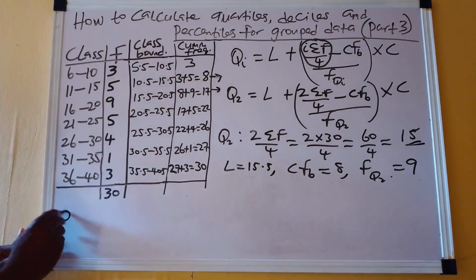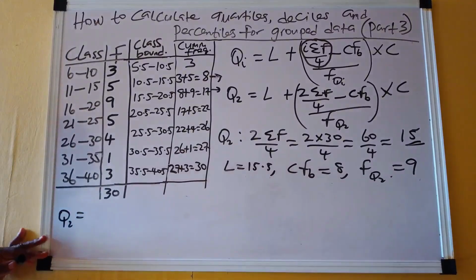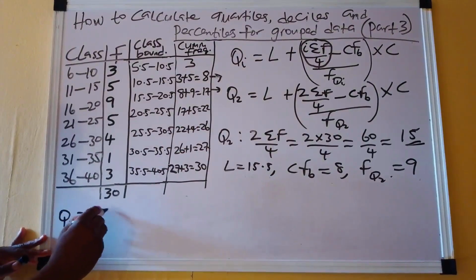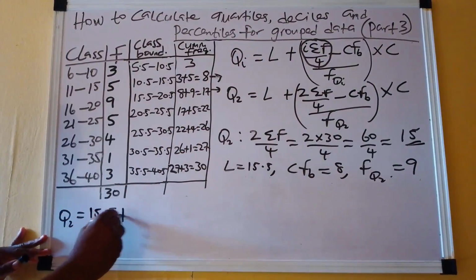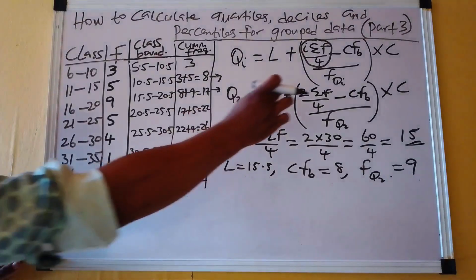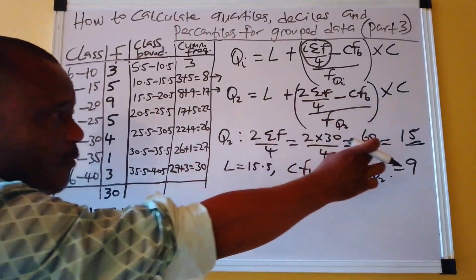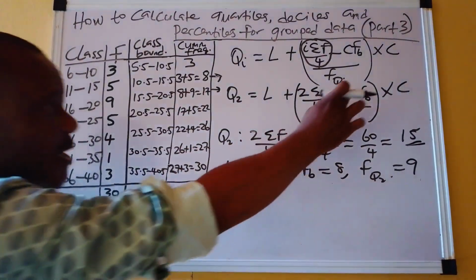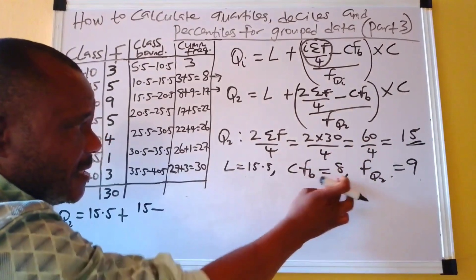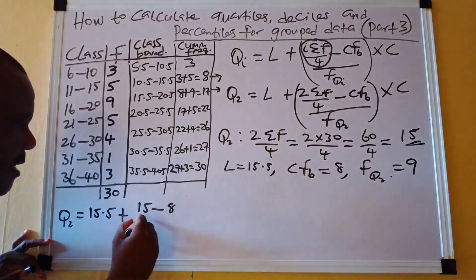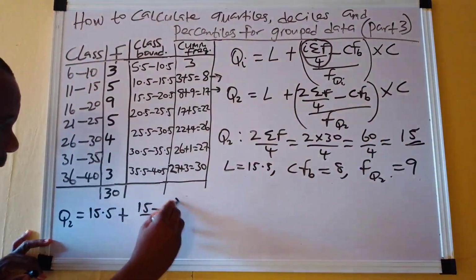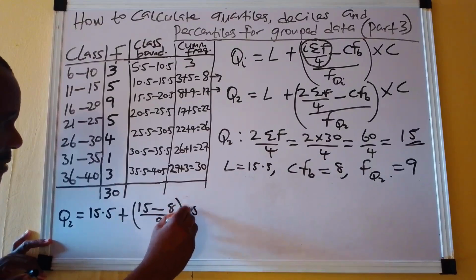From here, our Q2 will now be equal to L, which is 15.5, plus 2 summation F over 4. We have already calculated that to be 15, plus 15 minus the cumulative frequency before that, which is 8, all over the frequency of the Q2 class, which is 9, then times 5.